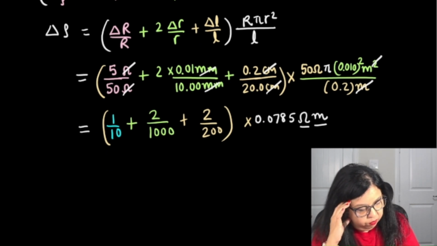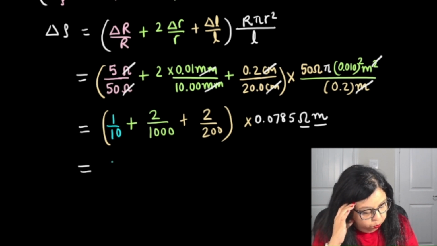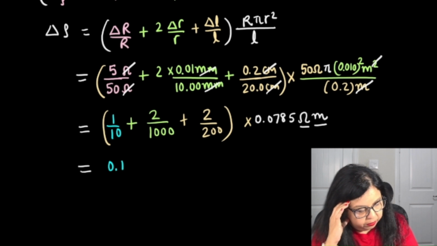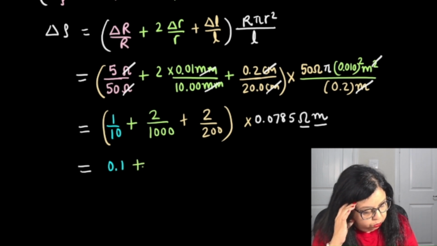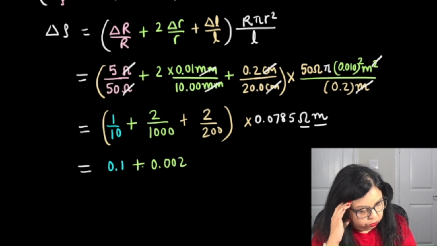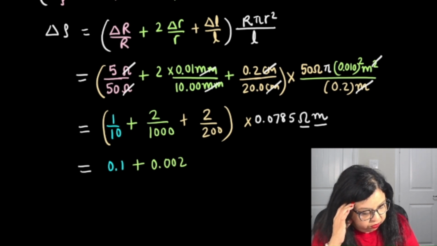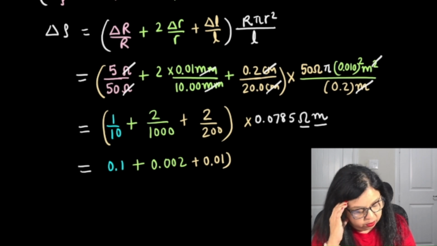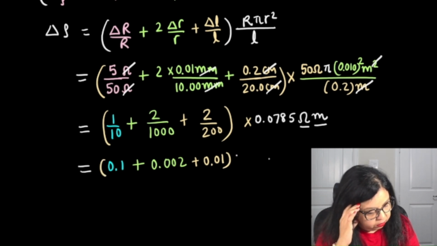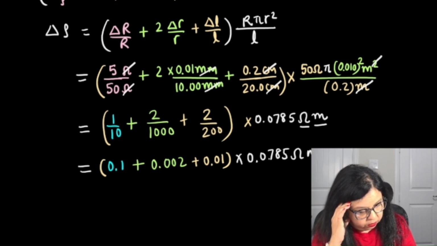Alright. Now over here, inside the parentheses, 1 over 10 is 0.1. 2 divided by 1000 is 0.002. 2 over 200 is 0.01, times 0.0785 ohms meter.